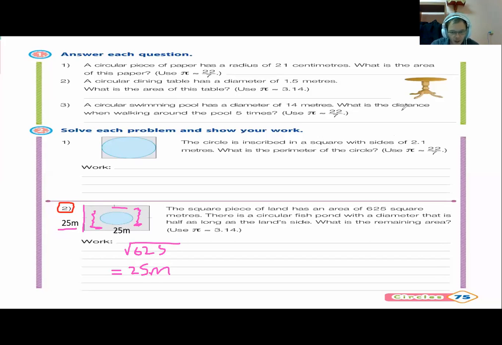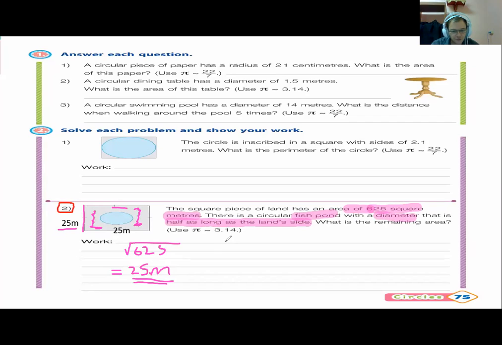Okay, first we also have to highlight here. We know the area is 625 square meters. The fish pond has a diameter that is half as long as the land side. So the diameter is half the side of the land, and the side of the land we said is 25 meters.